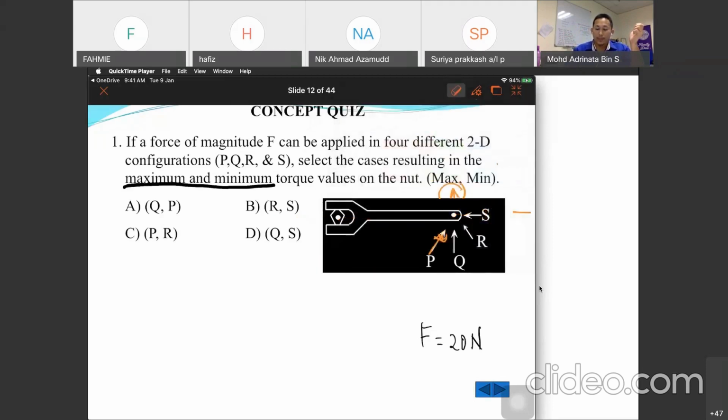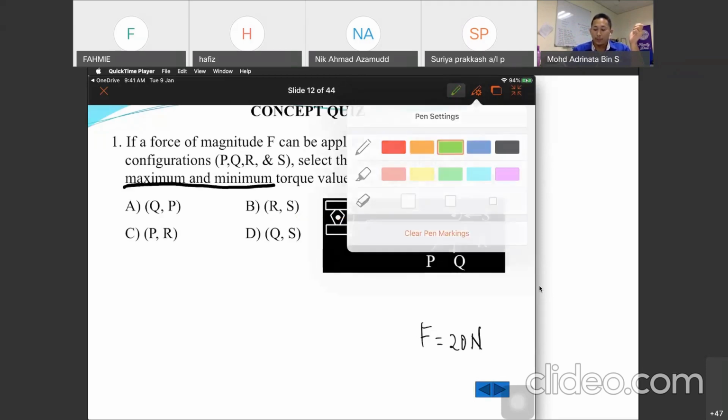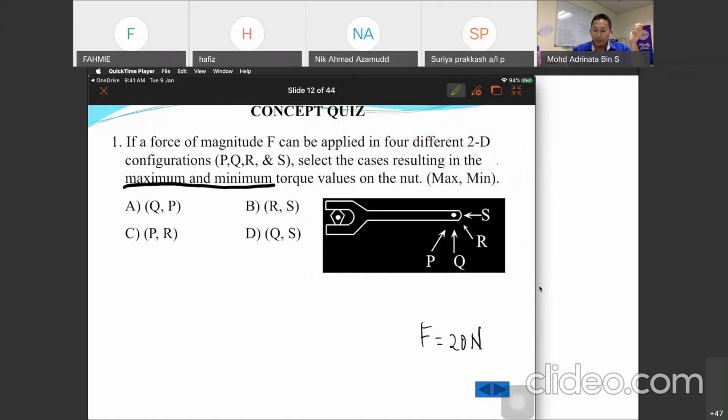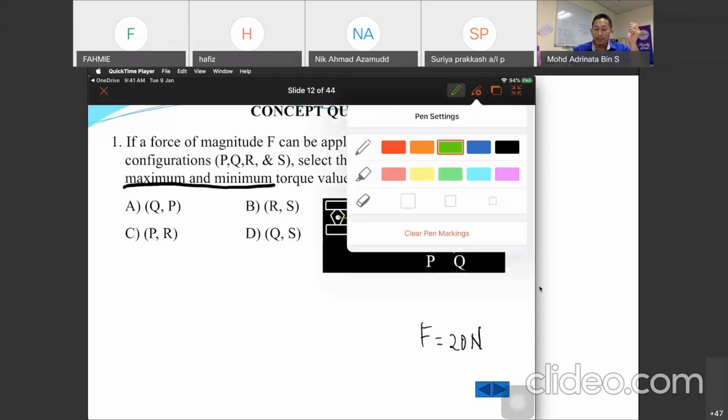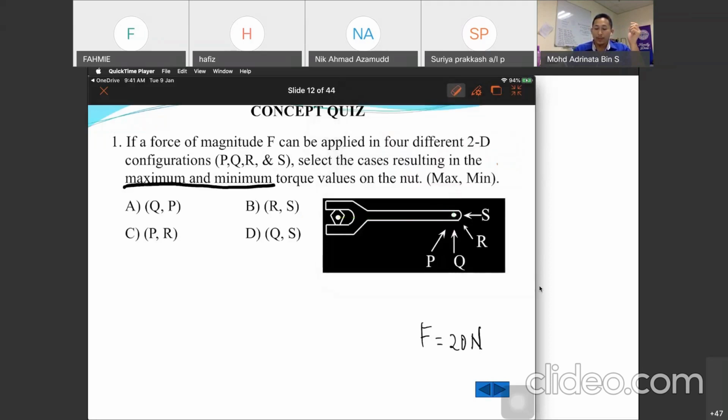And then we have Q. So Q is just like that. So Q will give torque. Q is only one.